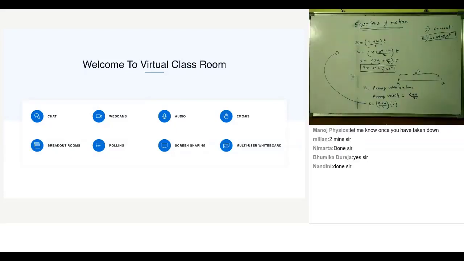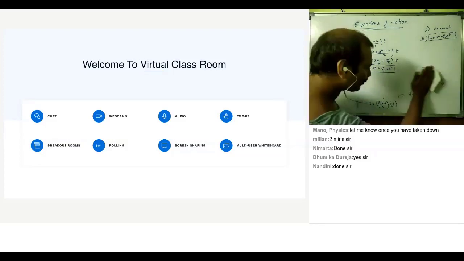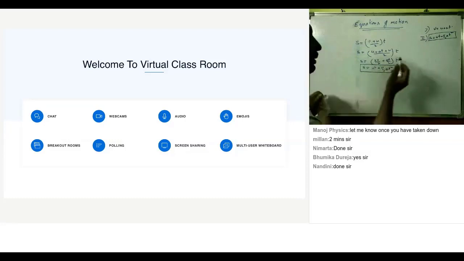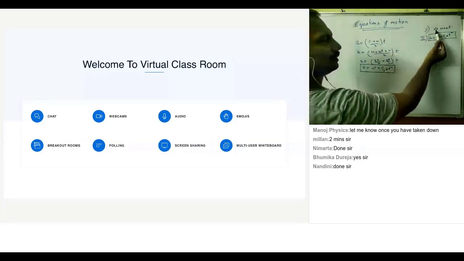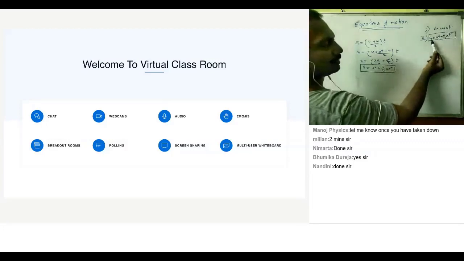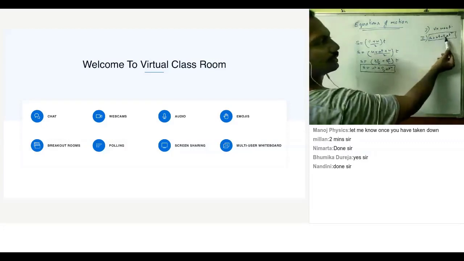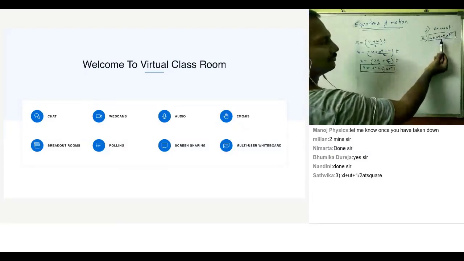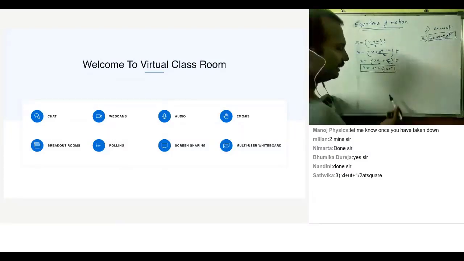Now let's look at the third equation of motion. In the first equation of motion, I have a relation between v, u, a and t. In the second equation of motion, I have a relation between s, u, a and t. Now in the third equation of motion, we'll try to eliminate t.